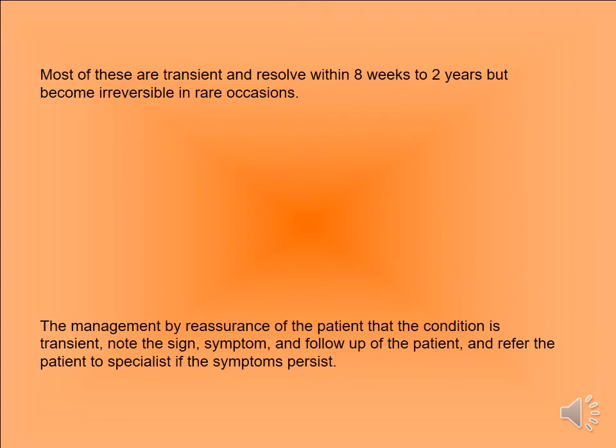Most of these are transient and resolve within 8 weeks to 2 years, but become irreversible on rare occasions. Reassure the patient that the condition is transient, note the signs and symptoms, and follow up the patient. Refer the patient to a specialist if the symptoms are persistent.